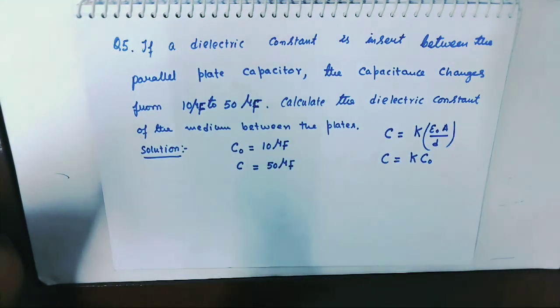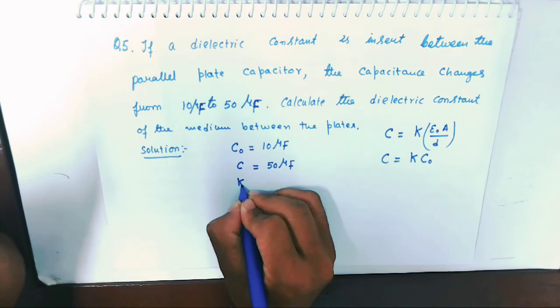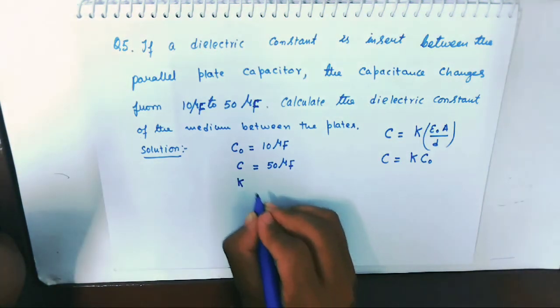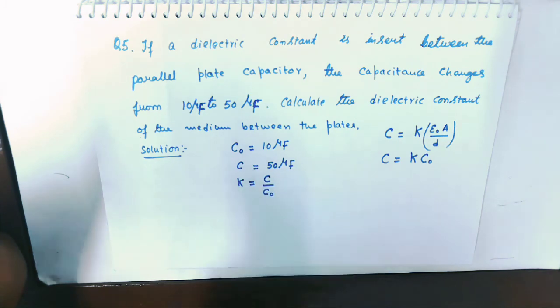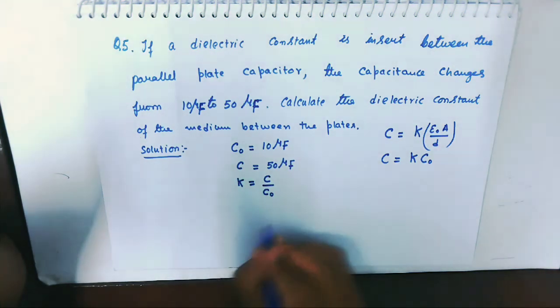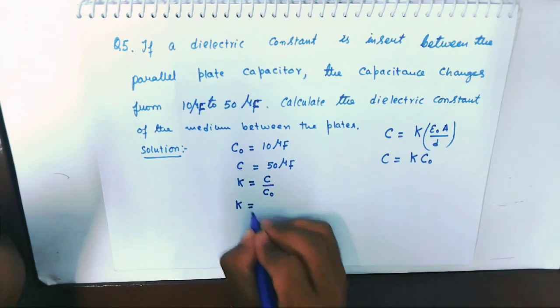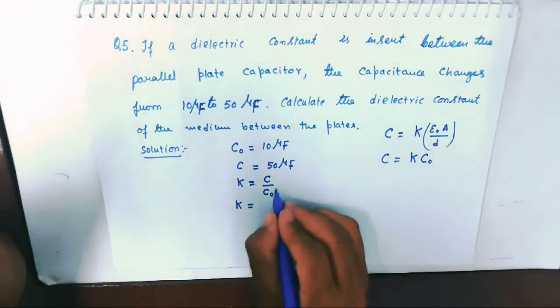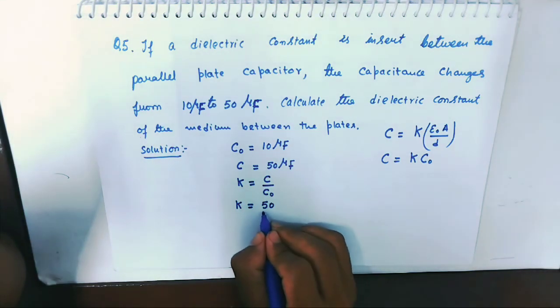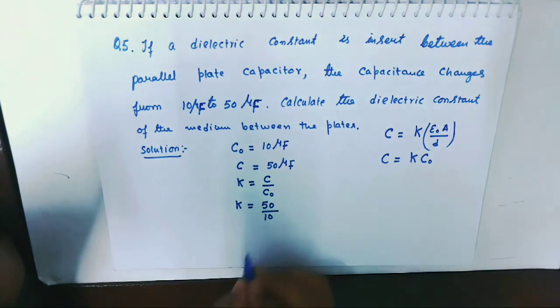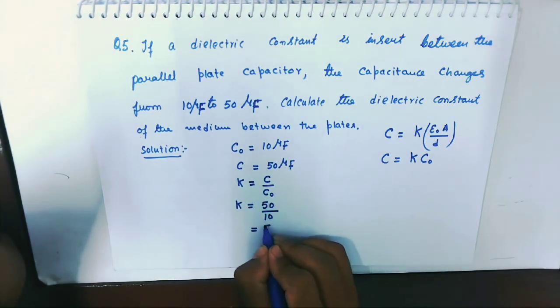So if we want to calculate K, we have to use the formula C by C naught. The value of K is equal to, instead of C, I'll put 50, and instead of C naught, I'll put 10. So the value of K is equal to 5.